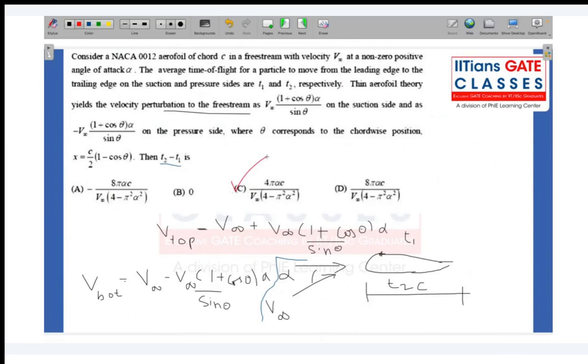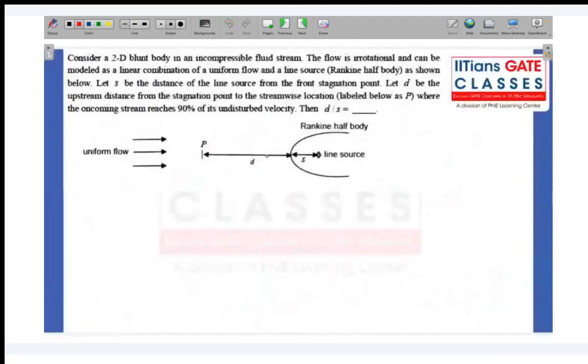Let's look at the next problem. Consider a 2D blunt body in compressible fluid stream. The flow is rotational and can be modeled as a linear combination of uniform flow and a line source. So basically a Rankine half body. Let S be the distance of the line source from the front stagnation point. Let D be the upstream distance from the stagnation point to a streamwise location where the oncoming stream reaches 90% of its undisturbed value.